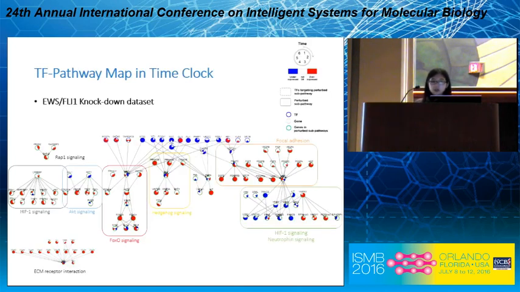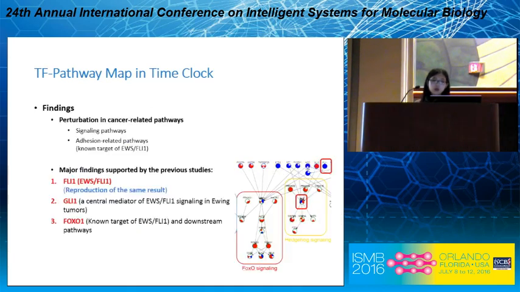In the second data set, we found some signaling pathways and adhesion-related pathways, which are the known targets of that fusion gene. And because we do not have that fusion gene in the GRN database, TimeTP instead found the FLI1 gene as a main transcription factor for this data set.